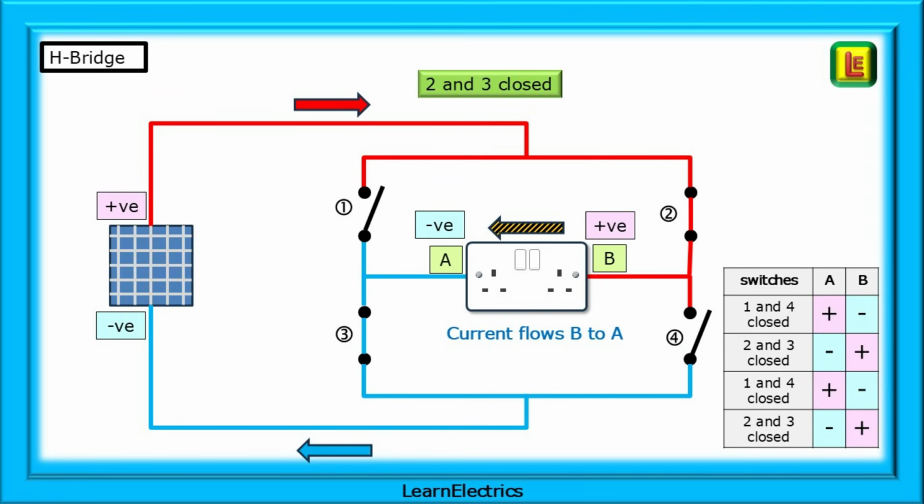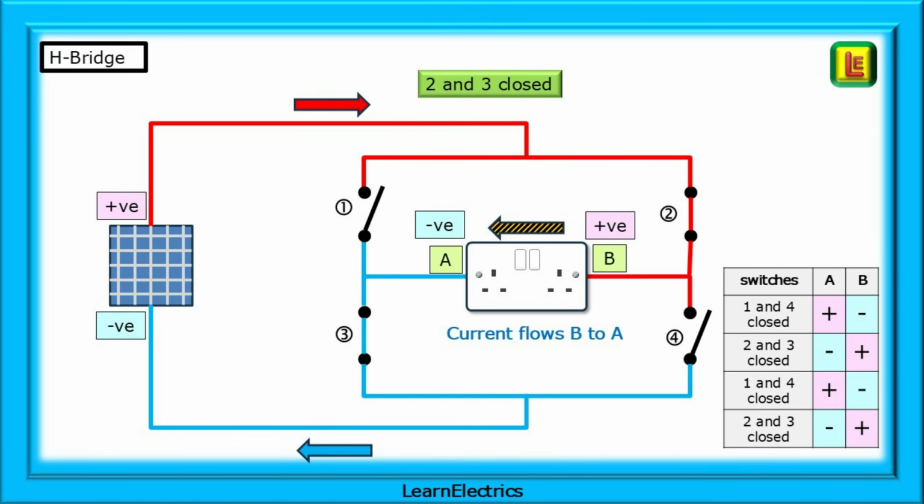The H-bridge changes state once again. Switches 1 and 4 now open and switch 2 and 3 close. Positive voltage still flows along the red wires, through switch 2 and along wire B. Passing through the socket, it leaves on wire A, goes through switch 3 and returns on the blue wires. The movement of current has been in the direction of B to A, as shown by the black and yellow arrow.